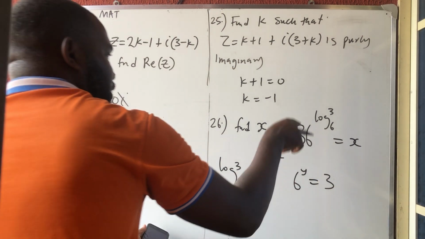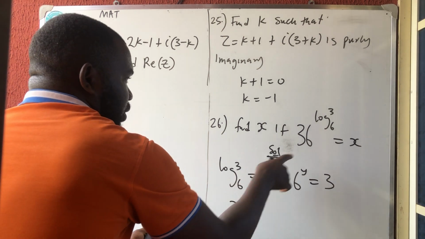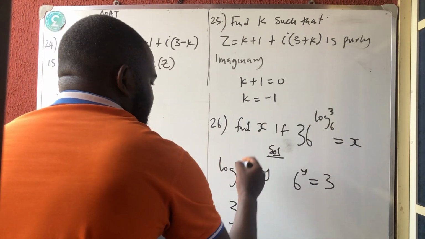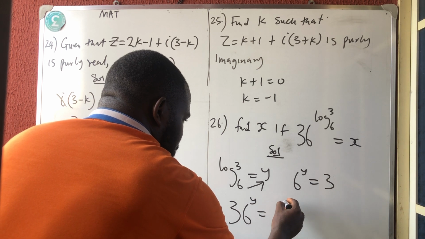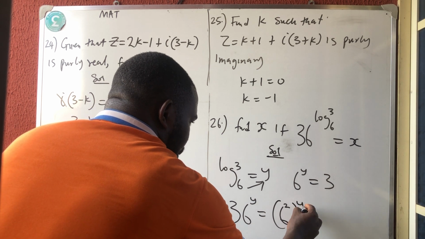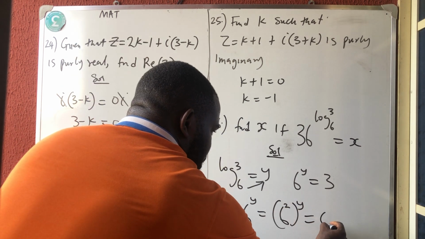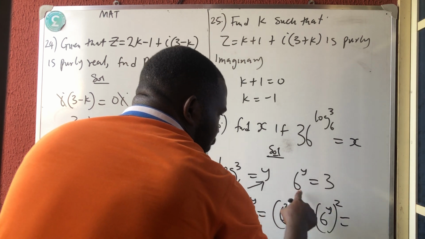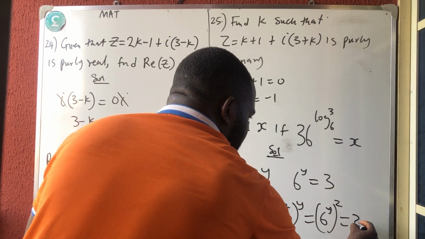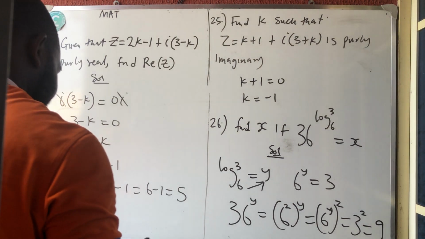Just stop here, then go back to the equation. Now 36 raised to power y is same as 6 raised to power 2 all y. 6 raised to power 2 is still 36. They can change it, which is 6 raised to power y all squared. But I've gotten that 6 raised to power y is 3, so 3 squared, and 3 squared is 9. As simple as that.